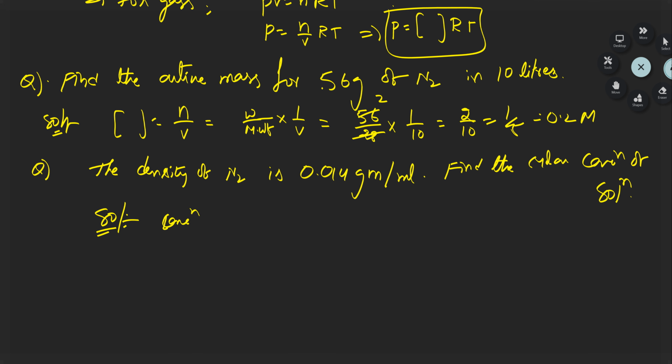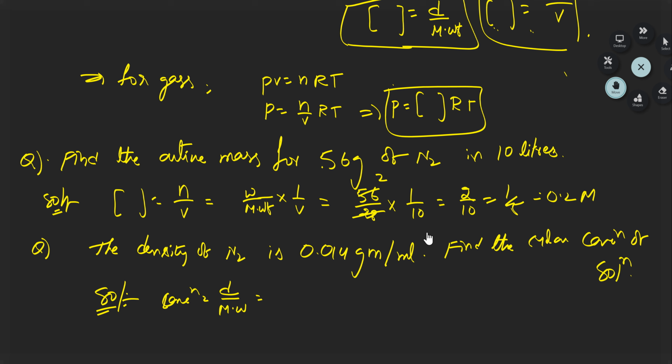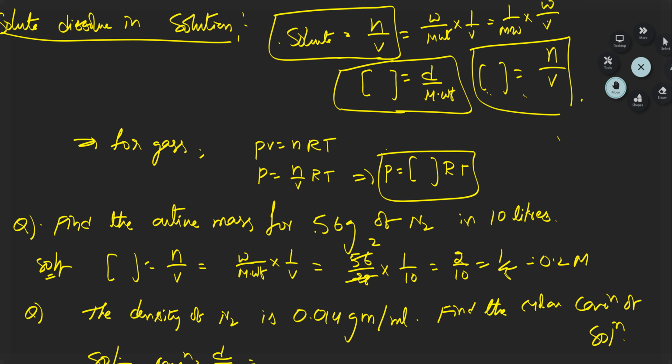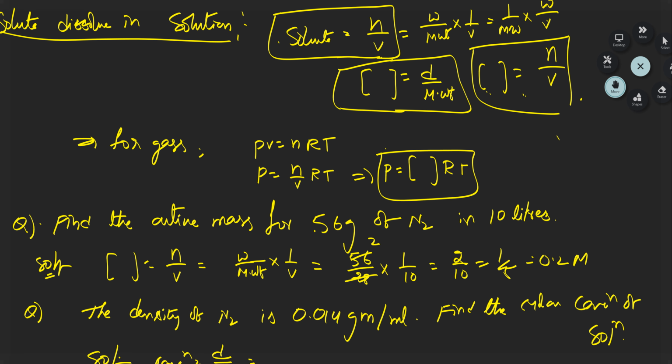Concentration is equal to d by molecular weight. But here density means we are going to be finding here, density is nothing but mass by volume. Volume we are taking here liters or ml? Liters. So we need to convert here density into liters.